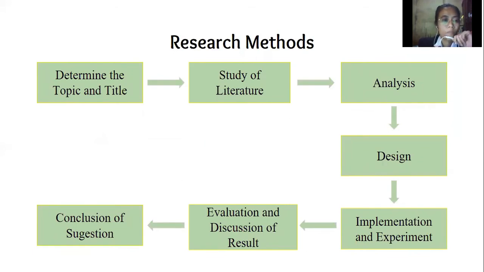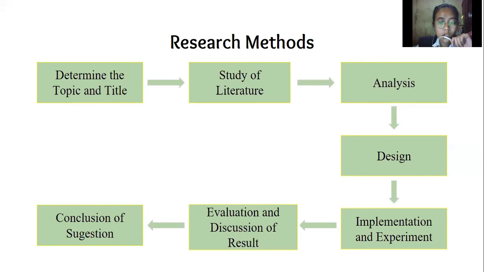Research methods. 1. Determine the topic and title. At this stage, a search and selection of research topic is carried out. The topics obtained were related to handling slang with the scope of Instagram comments using the word normalization approach. 2. Study of literature.